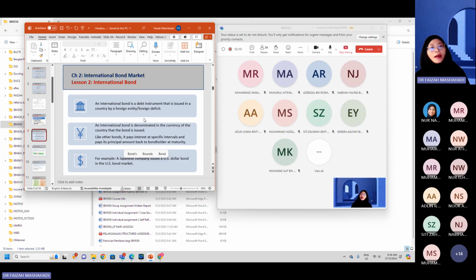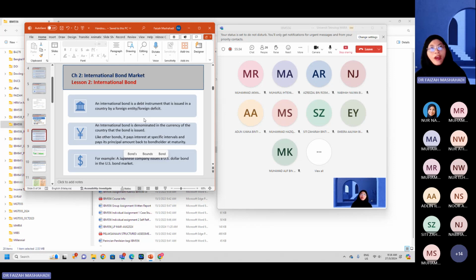If Shell issues 10 million ringgit of bonds in the Malaysian bond market, that is also an international bond, by definition, because that involves a foreign entity.